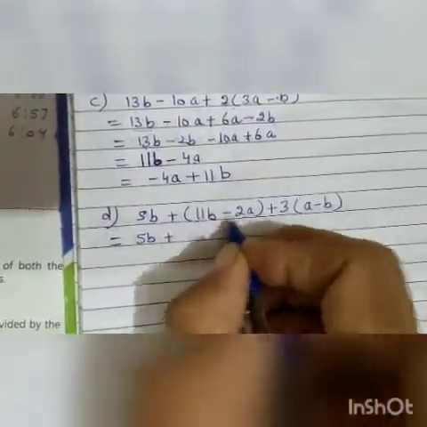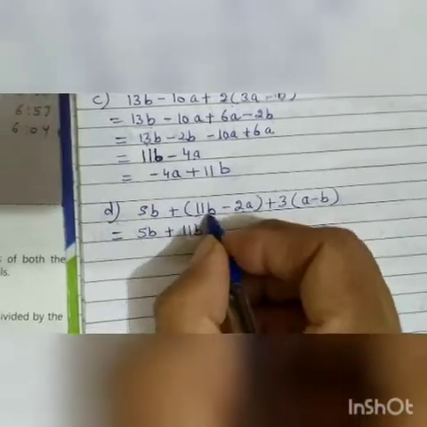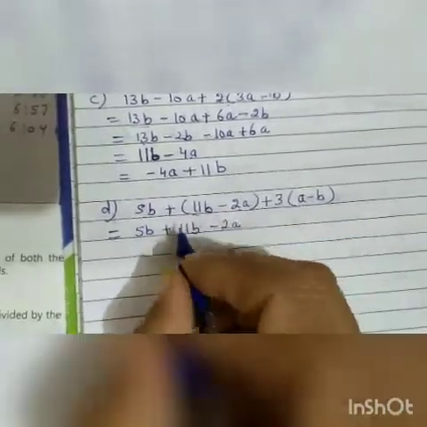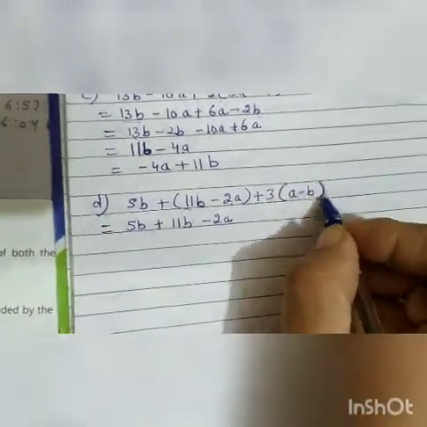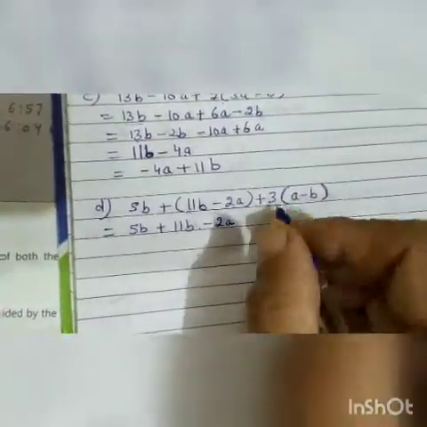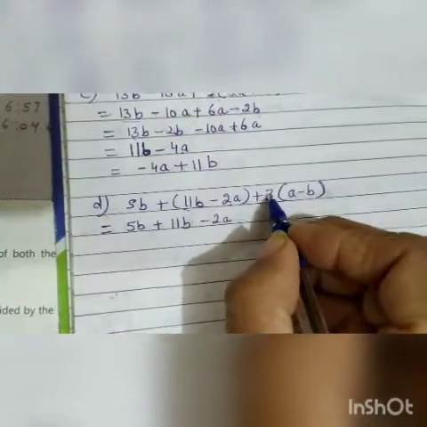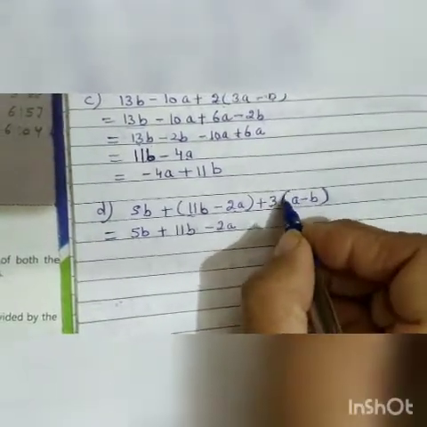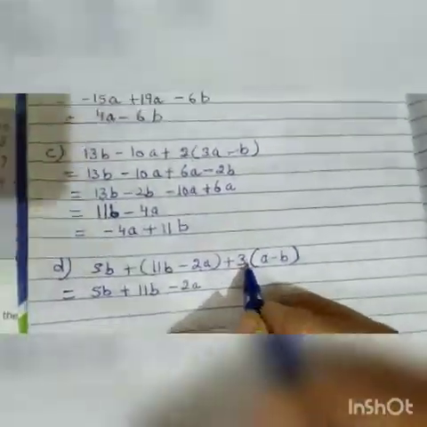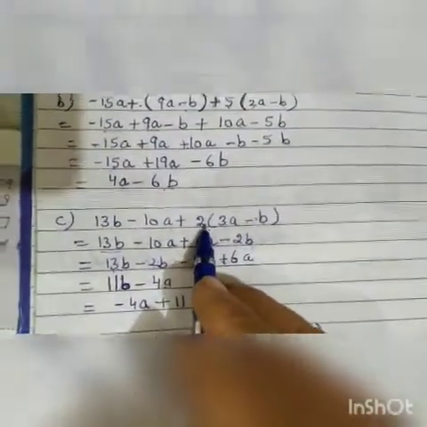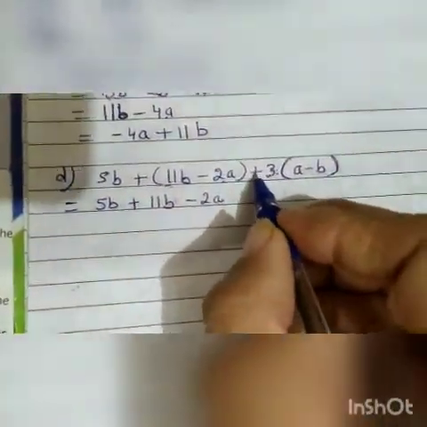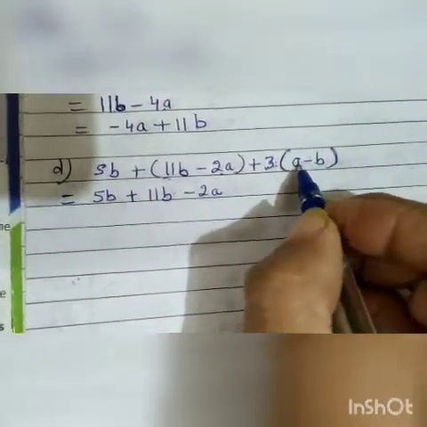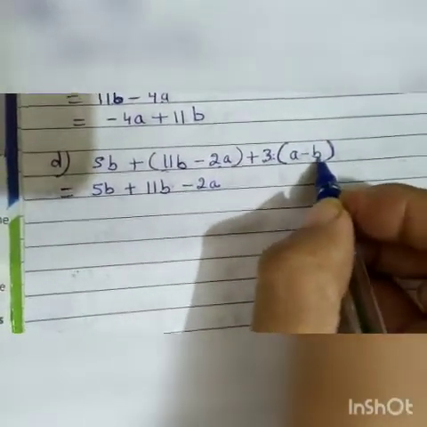The terms of this bracket will be written as they are: 11b minus 2a. There is no number to multiply. Now outside this bracket this 3 is written. Students, when there is no sign between a number and a bracket, as it is here also, it means multiply. It means plus 3 multiplied by a minus b within the bracket.